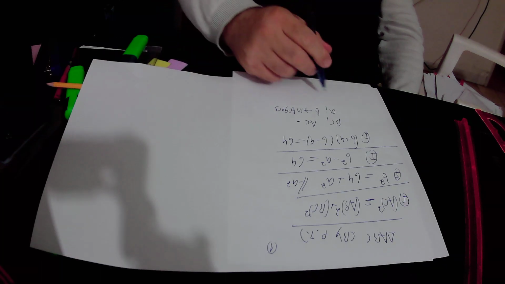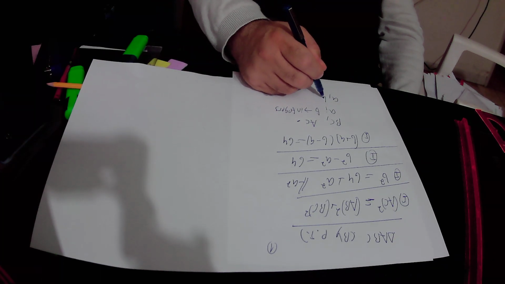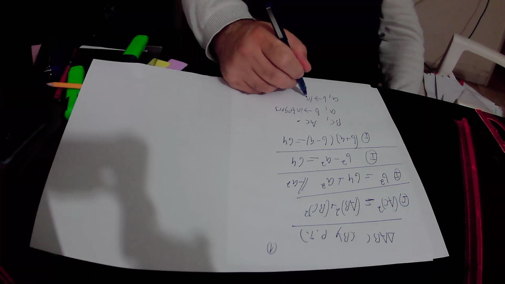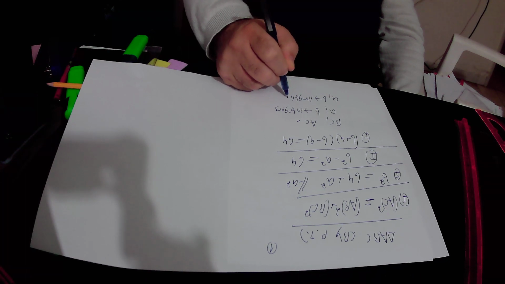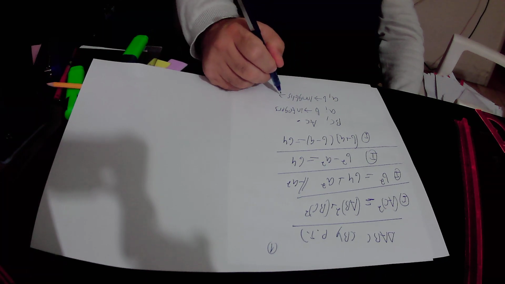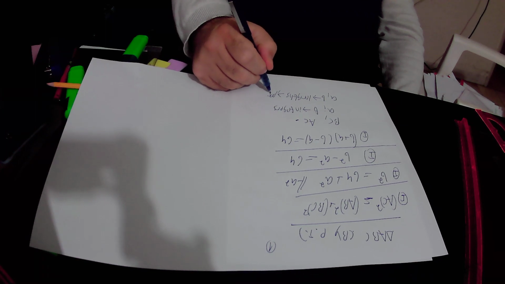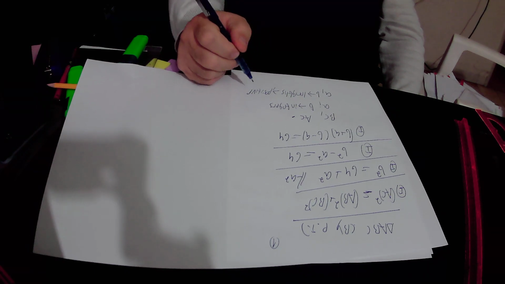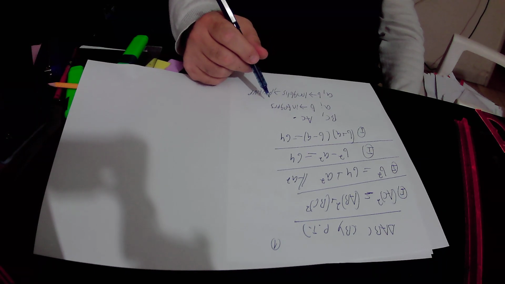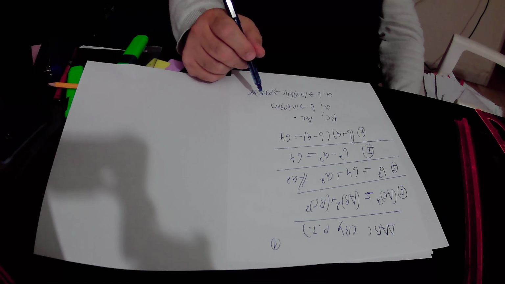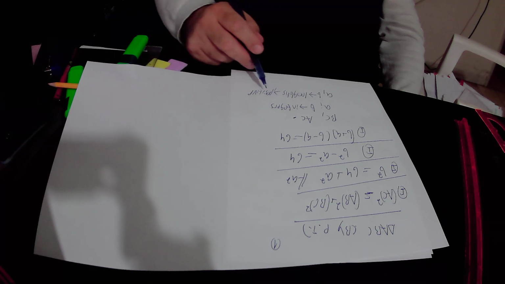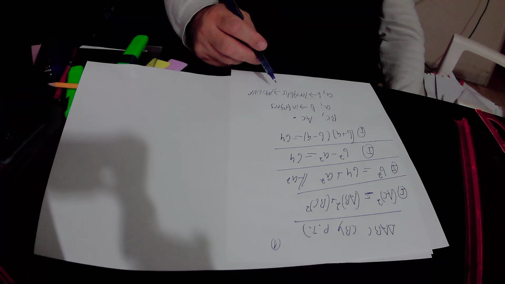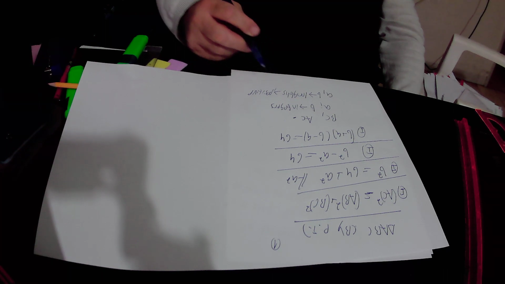But because A and B are lengths of sides of triangle ABC, they must be positive numbers. Therefore they are positive. So in conclusion, from those two lines, we can conclude that A and B are positive integers.